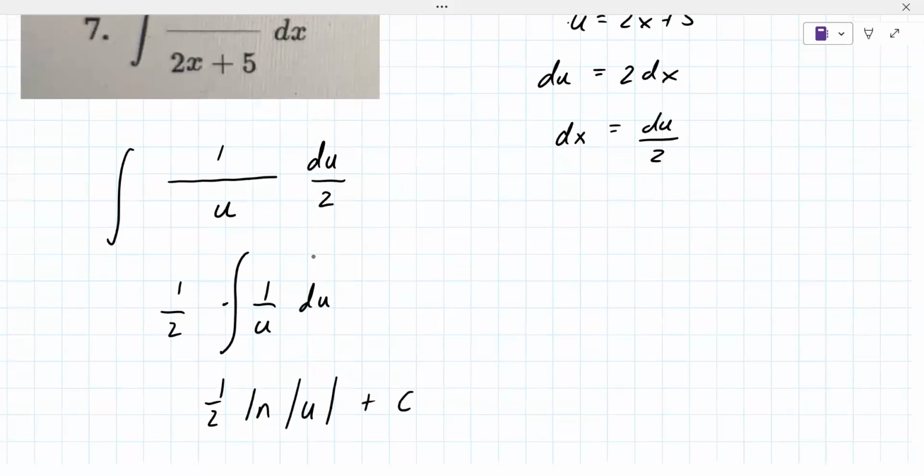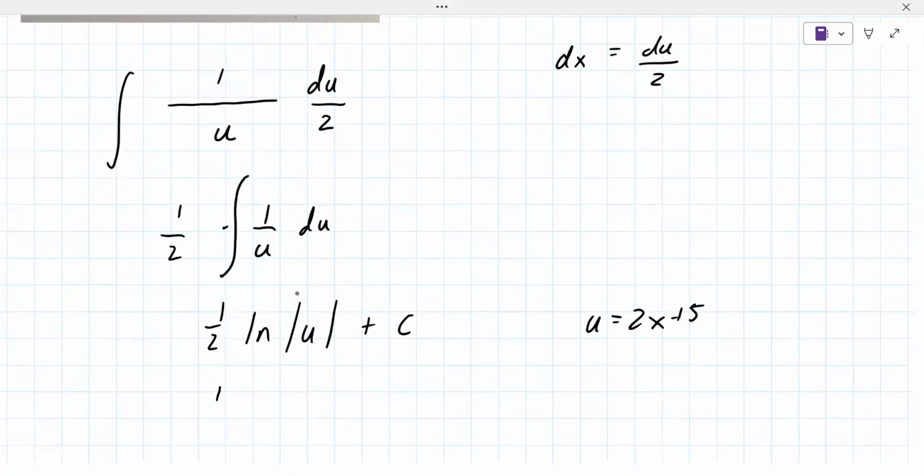Bring the 1/2 down, and u is 2x plus 5. So the final answer is 1/2 natural log absolute value of 2x plus 5 plus c.